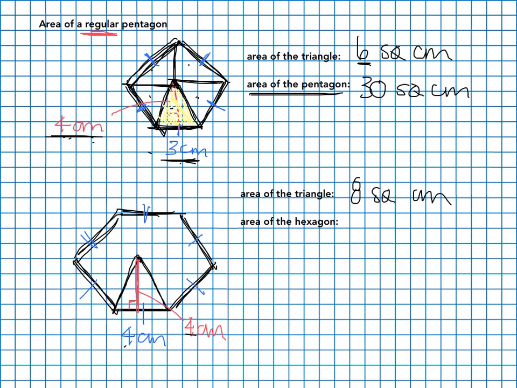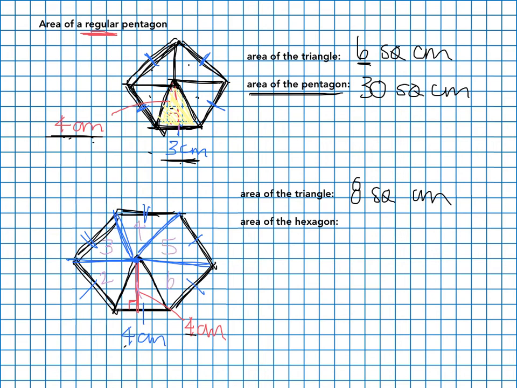Now, how many triangles are in a hexagon? Well, to do that, ladies and gentlemen, we have to go from the same midpoint and go to each one of the vertices. Now we count how many triangles we have. 1 triangle, 2, 3, 4, 5, 6.